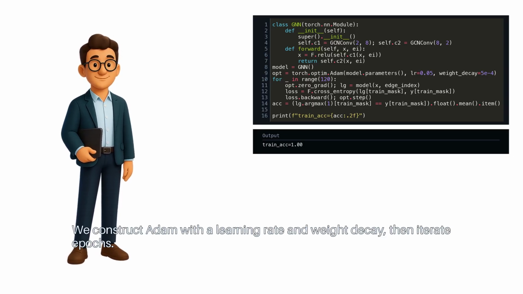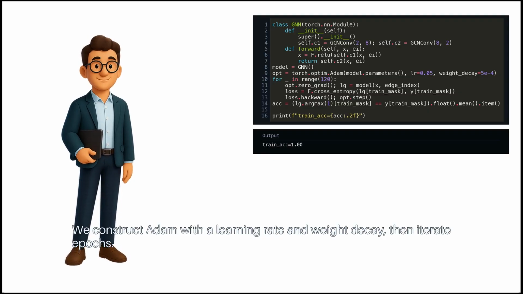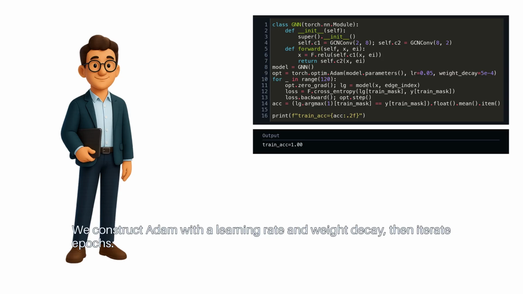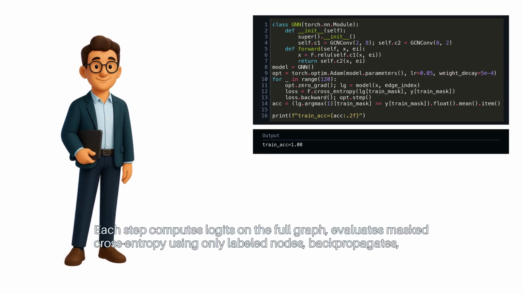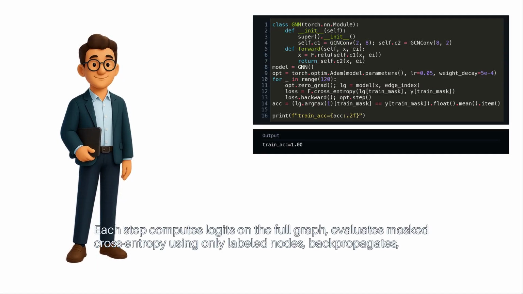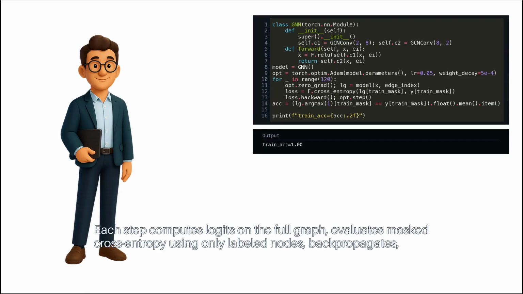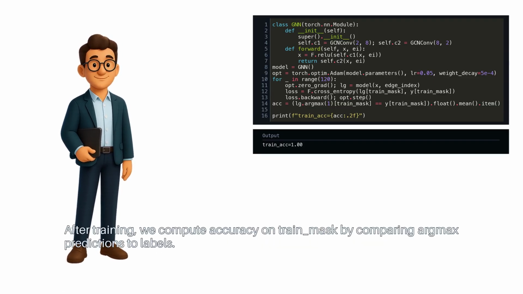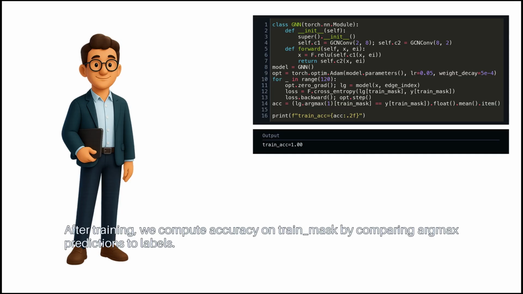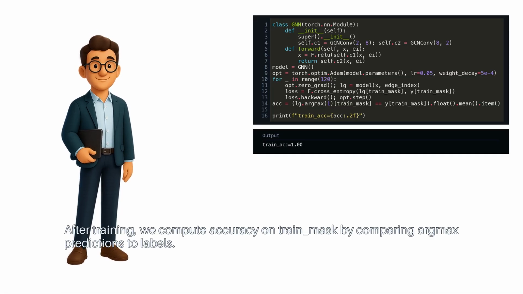We construct Adam with a learning rate and weight decay. Then we iterate over epochs. Each step computes logits on the full graph, evaluates masked cross-entropy using only labeled nodes, backpropagates, and updates parameters. After training, we compute accuracy on train_mask by comparing argmax predictions to labels.